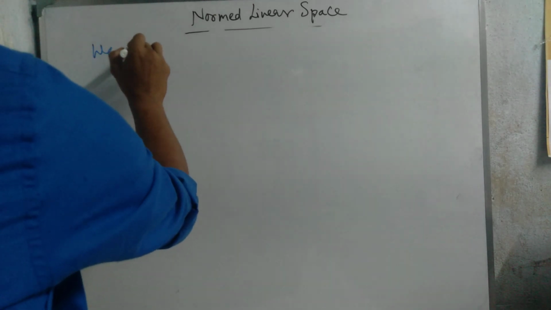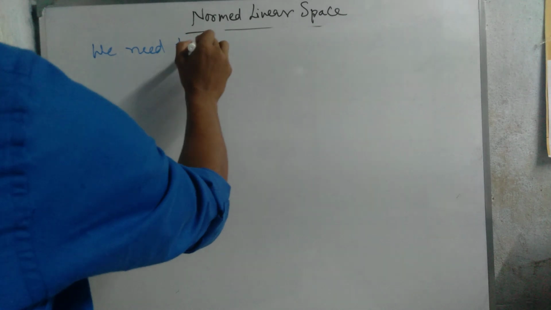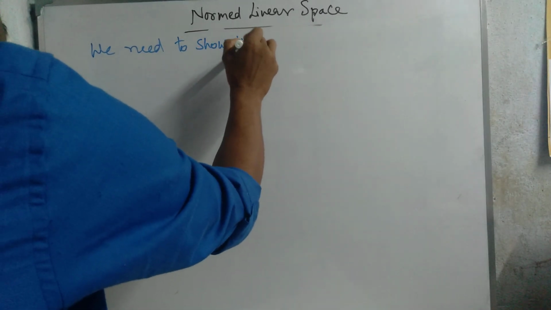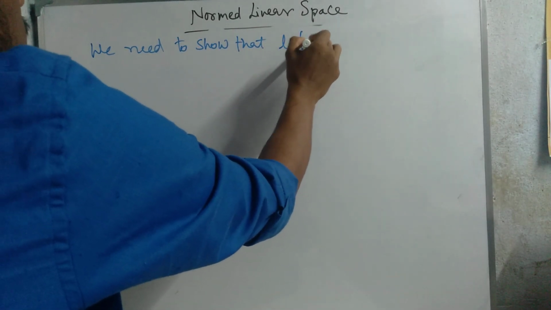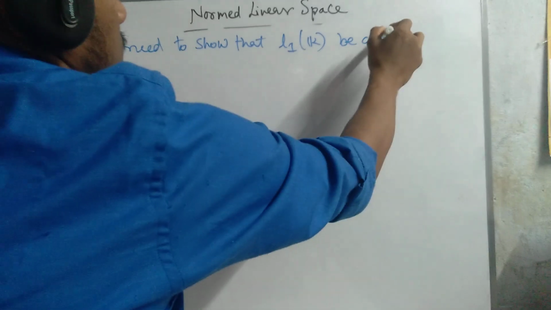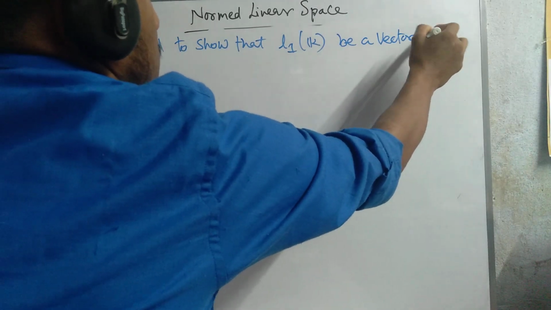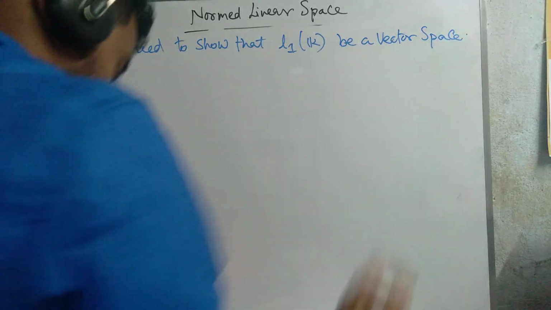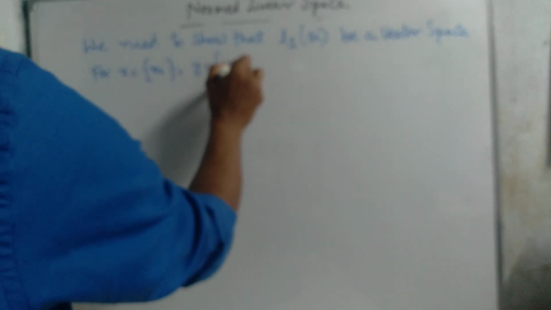We need to show that L1 k is a vector space. For x equal to xn and y equal to yn.